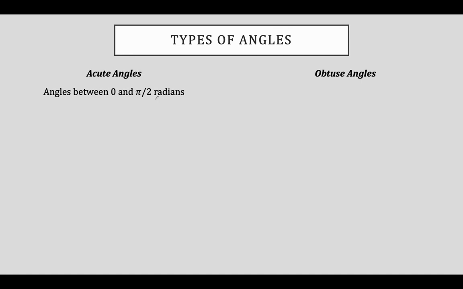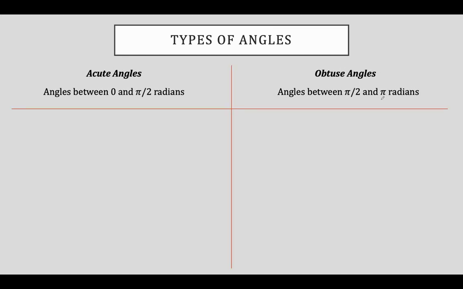We also have obtuse angles. Obtuse angles are angles between pi over 2 and pi radians. So that would be the equivalent of angles between 90 degrees and 180 degrees. Complementary angles. Complementary angles are two positive angles whose sum is pi over 2.